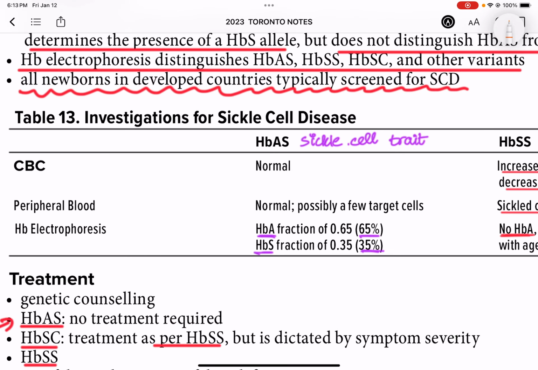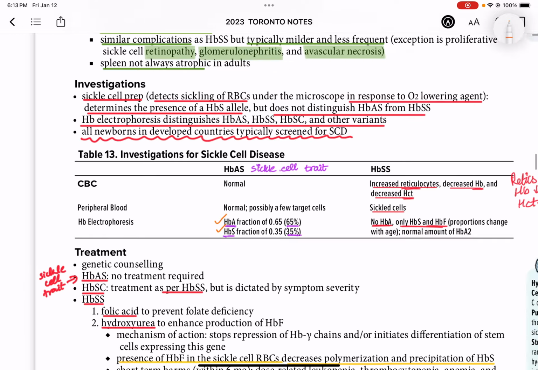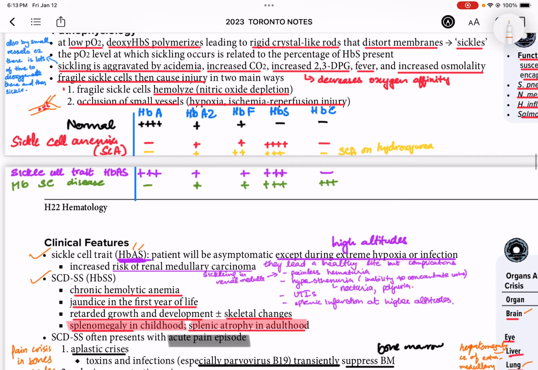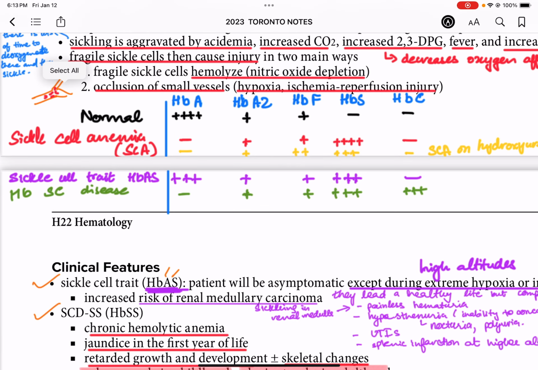Hemoglobin AS, which is sickle cell trait, on hemoglobin electrophoresis, has a hemoglobin A fraction of 65% and hemoglobin S fraction of 35%. So that's what happens when there is sickle cell trait, which is a heterozygous compound. And then there is hemoglobin SC disease. As its name indicates, it would have hemoglobin S and hemoglobin C, and not any hemoglobin A.